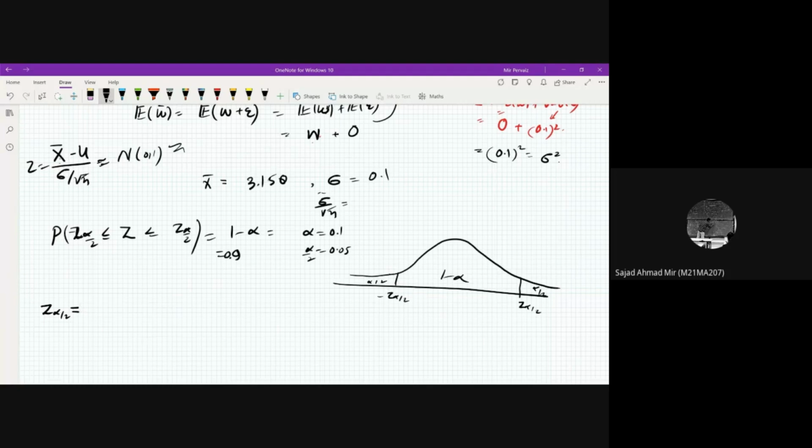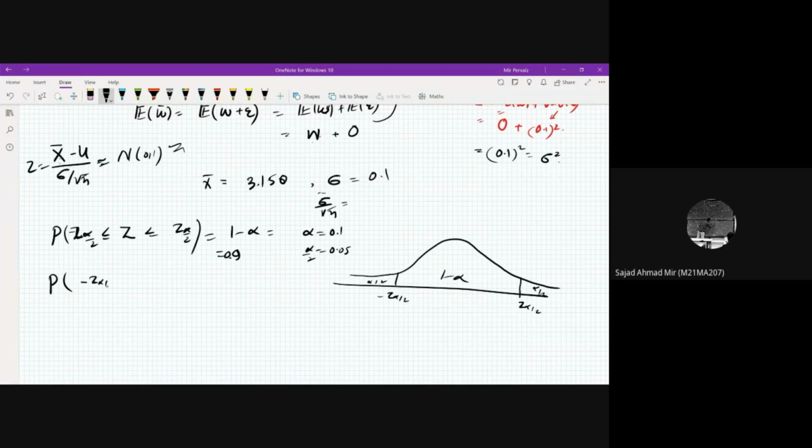If I give you the normal table, you should be able to tell me the value of z alpha by 2. Is that clear?